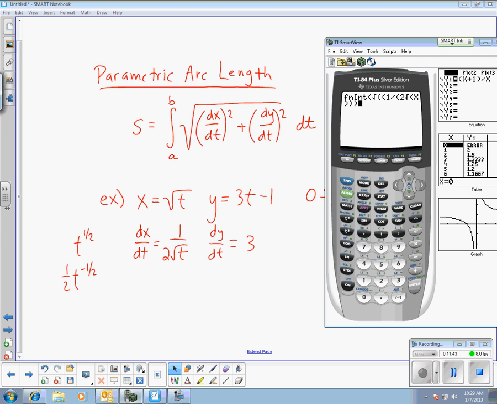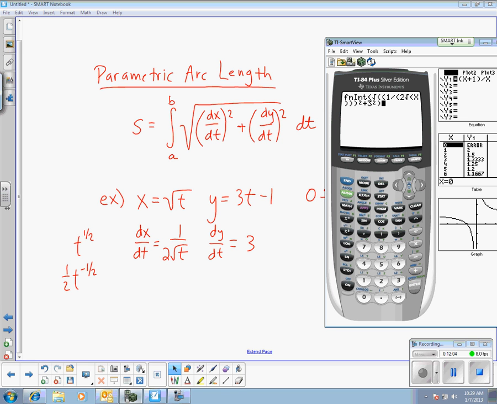So I had 3 opening parentheses, I need 3 closing parentheses, and I'm going to square that. Okay, plus my y derivative, that was easy, that's 3 squared. Now that closes the big square root, so that's all my function.